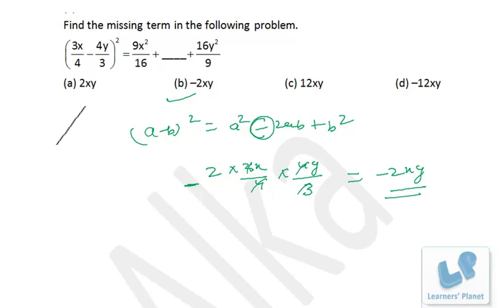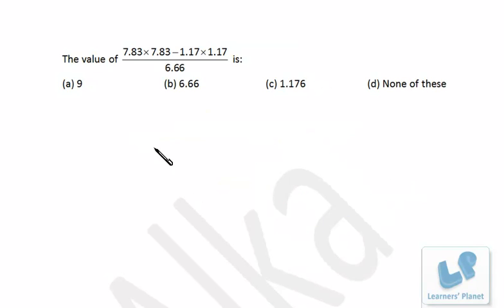Now in this case, friends, whenever you see this sort of complicated calculation, obviously some algebraic identity is involved. This is a square minus b square. So a square minus b square can be factorized as (a minus b) into (a plus b).